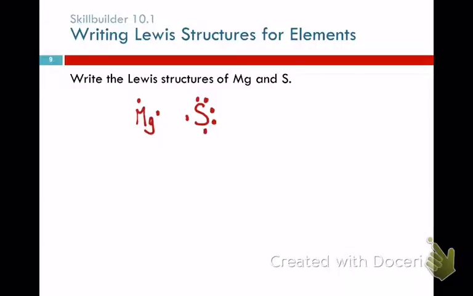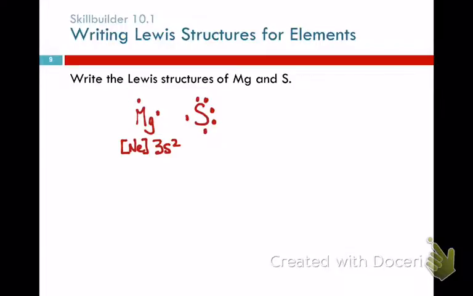Now remember, magnesium, if you think about its electron configuration, it's going to be neon, all right, and ends in 3s2. So these 2 electrons are these 2 electrons here.